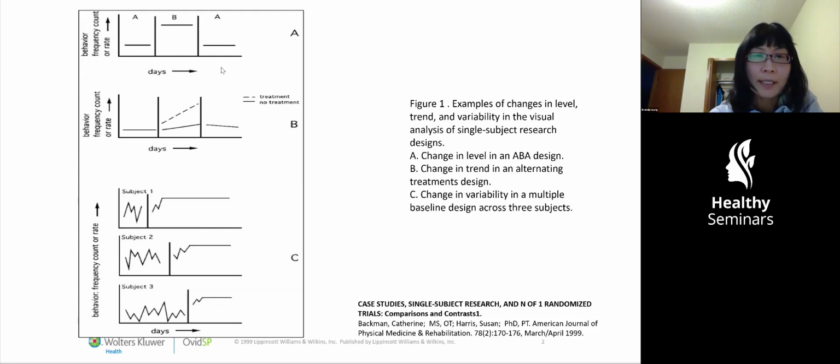So you can see a very distinct relationship between the intervention, the treatment, and the outcome or targeted behavior or outcome measure or dependent variable, depending on, those are all pretty synonymous. So this is one scenario as to how that can be visualized.